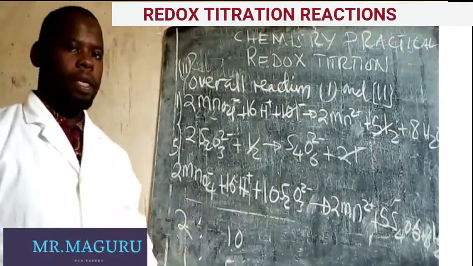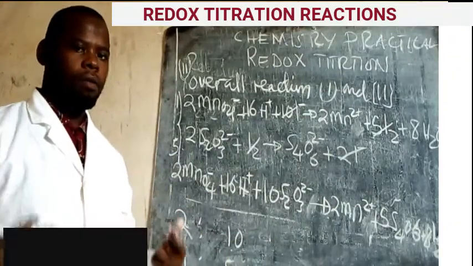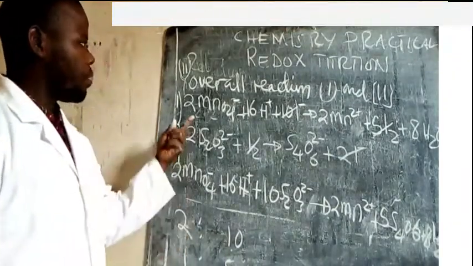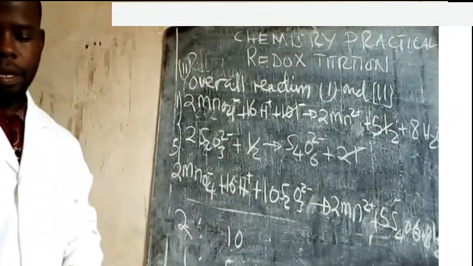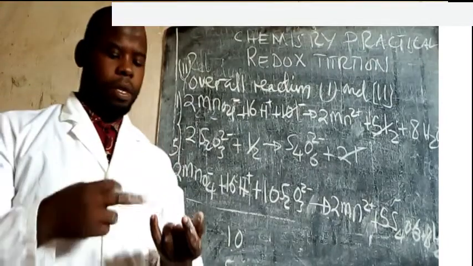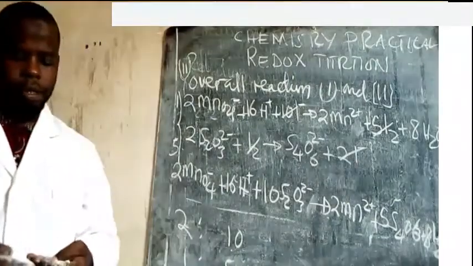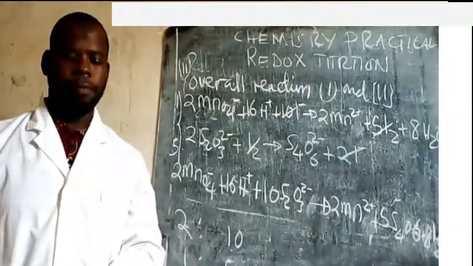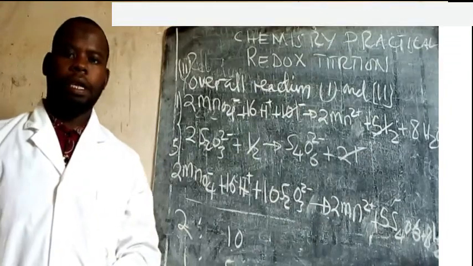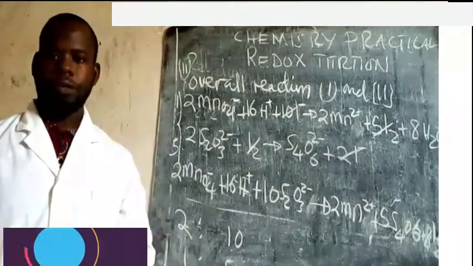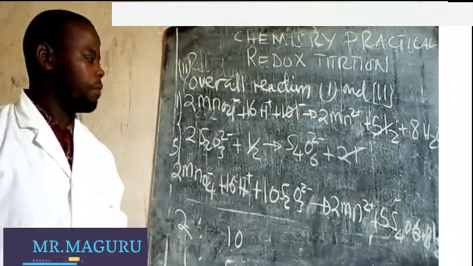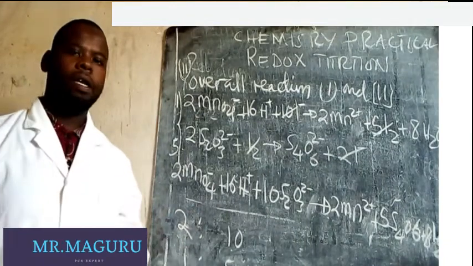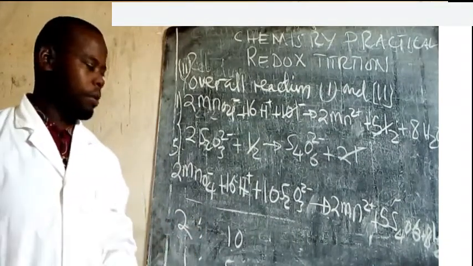That is the product or the overall reaction when you meet the question with potassium permanganate, sodium thiosulfate, potassium iodide, starch, and sulfuric acid. I think that is the end of this lesson. Thank you for learning through this. I think you have understood.